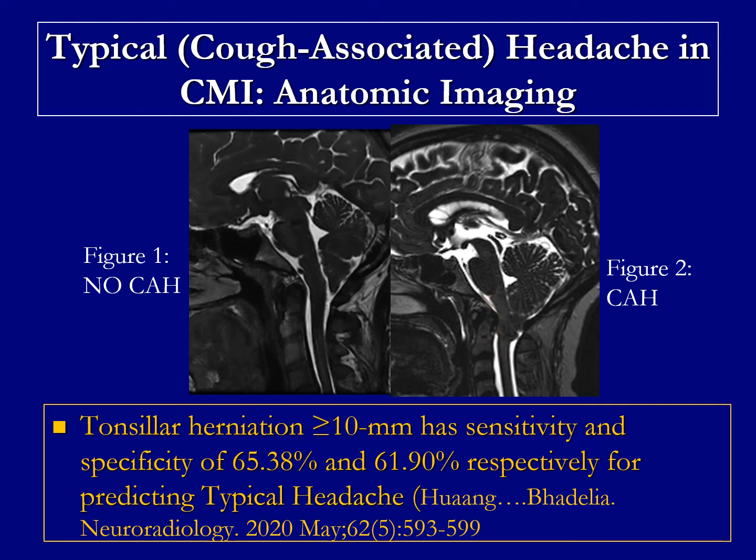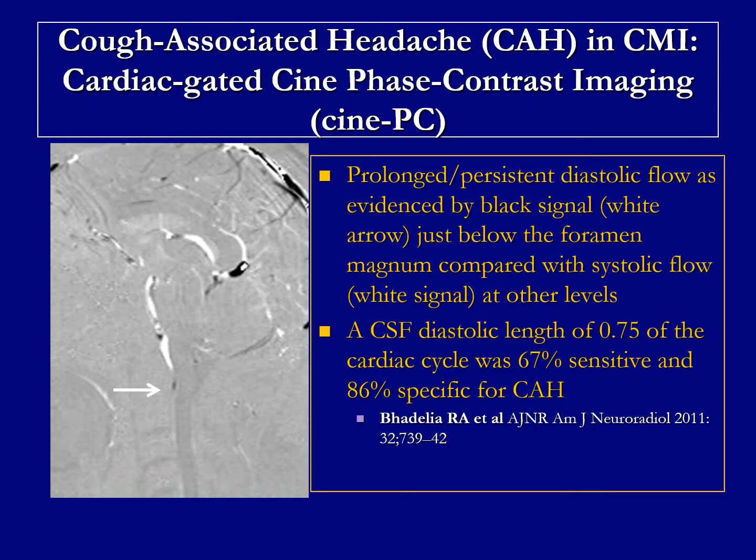Now, we found that in tonsillar herniation greater than 10 millimeter, generally, these people have a high likelihood of having typical cough-associated headache, but the sensitivity of that is not that high. We also looked at the routine phase contrast with the cardiac gating, the one that we've been using for a while, and had some observations based on that.